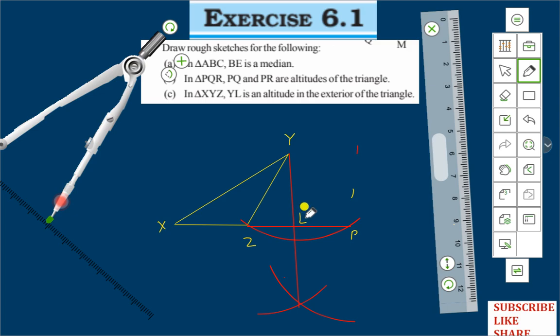right? Therefore, you can say that YL is an altitude in the exterior of the triangle. The triangle is XYZ, and this point L is on the exterior of the triangle, right? This altitude YL is in the exterior of the triangle, right?